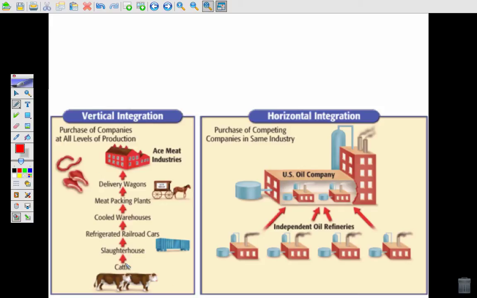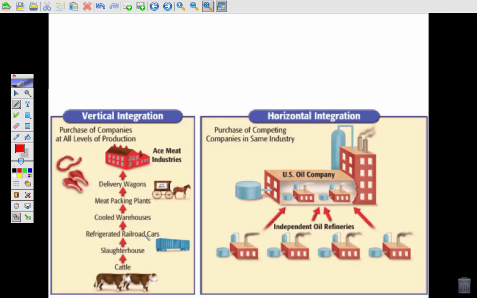All right, so again, same thing, vertical and horizontal integration. We'll talk about vertical integration here first. So a good way to think of it, you have cattle, which is your raw material. And this is a great time to look at that graph that we were just at, so that handout that you have in class.